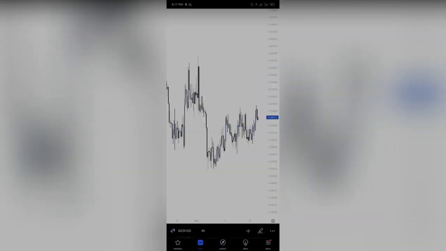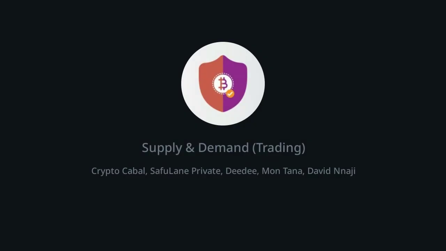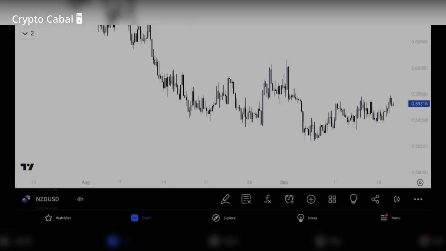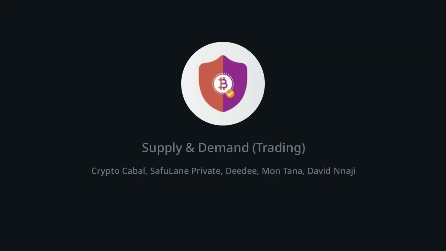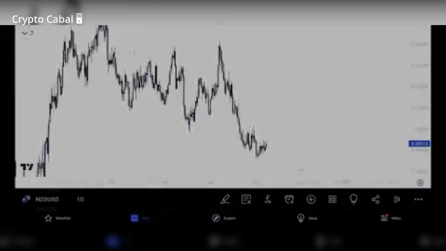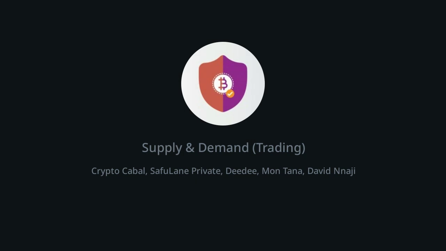All right, then this is NZD USD. So welcome to this session, everyone, on supply and demand. As I said the other day, I was trying to explain that supply and demand is basically where buy and sell orders are, where buyers and sellers are willing to take their position, a possible base zone or where we want to buy.